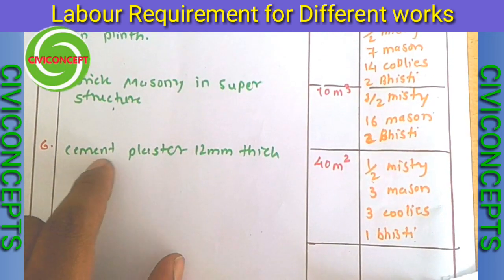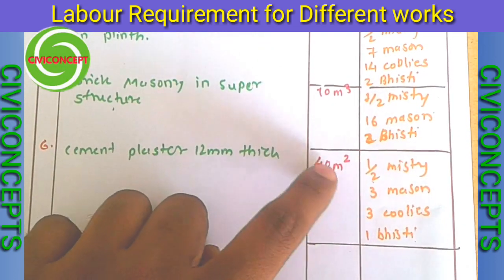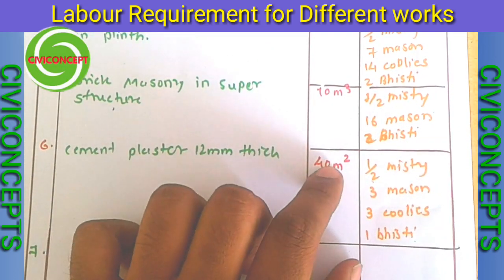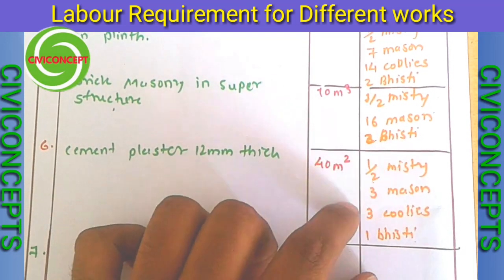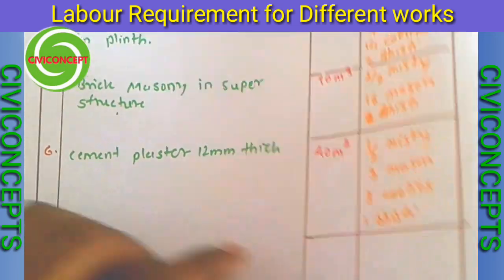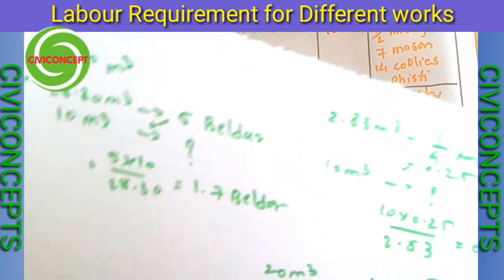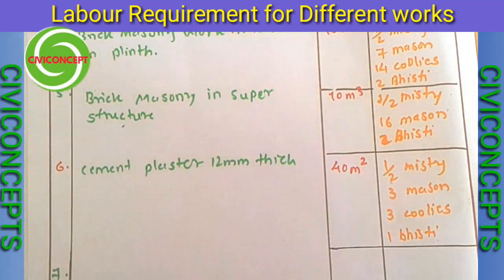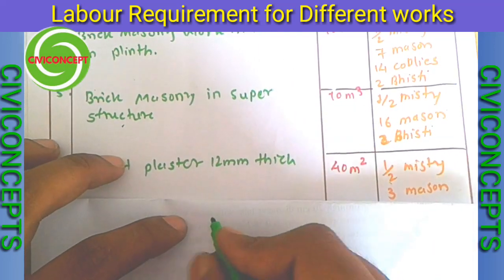And next is cement plaster, 12 mm thick plaster, for 40 meter square area. We require 1.5 mistri, 3 mason, 3 coolie and 1 bhisti. If your quantity is 100 meter square, how much mistri is required?